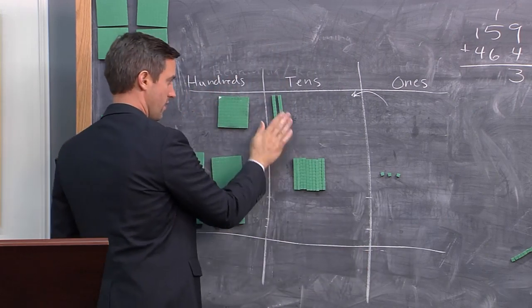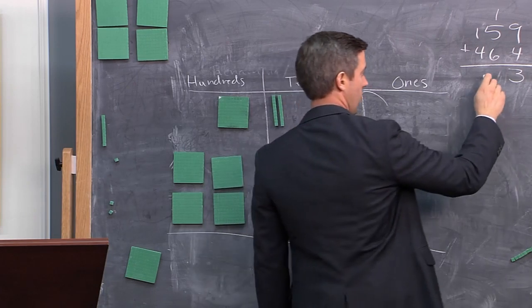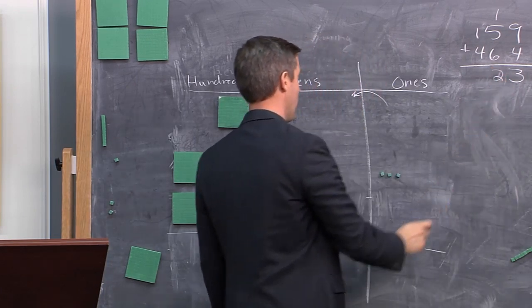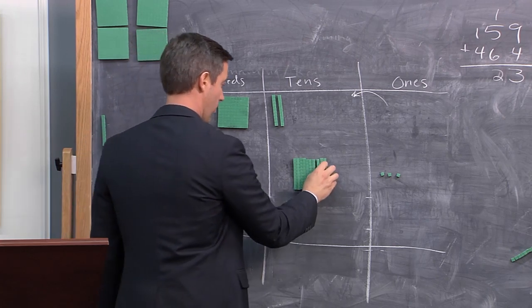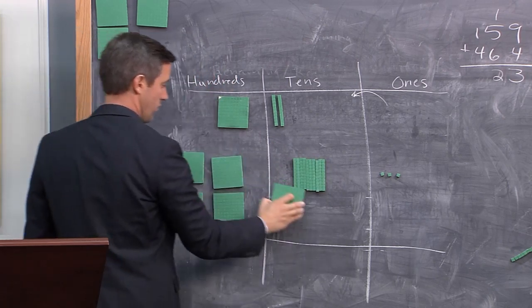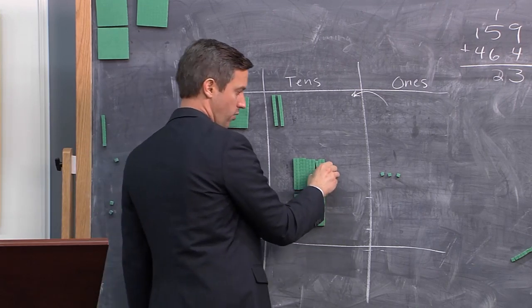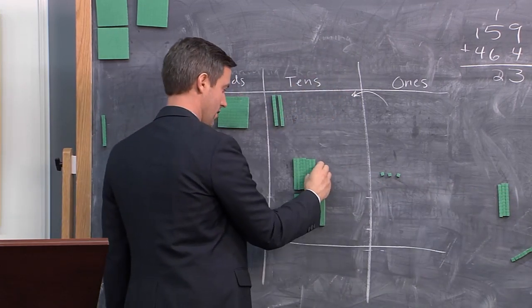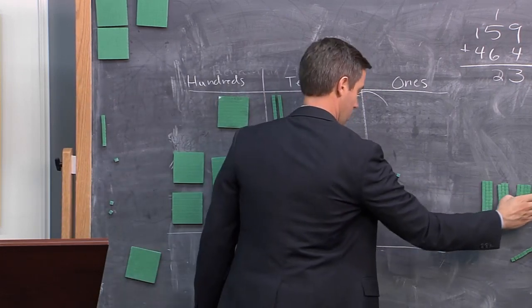I have 12 tens. I recognize that. So I'm going to make a group of 10 tens. 2 will be left. And I'm going to trade these 10 tens for 1 hundred. Again, you can put those next to each other so they see that the values are equal. I'm going to take these and move them out of my ten frame.